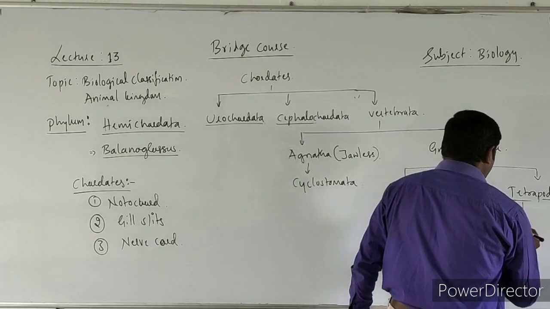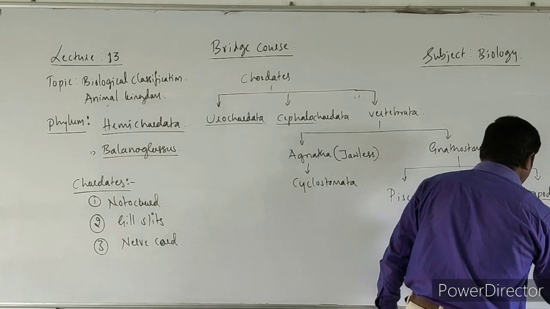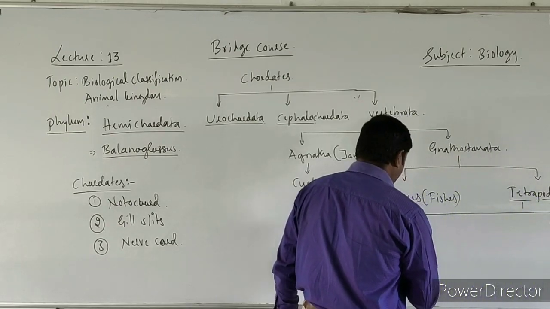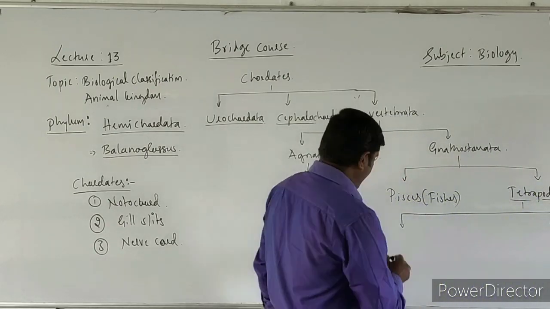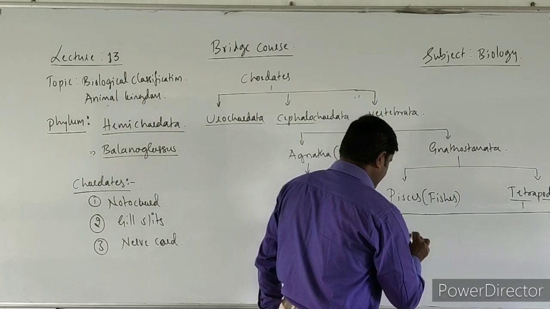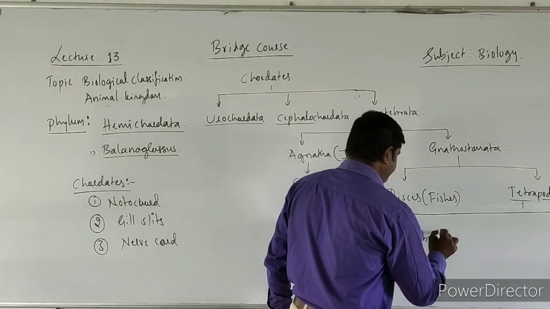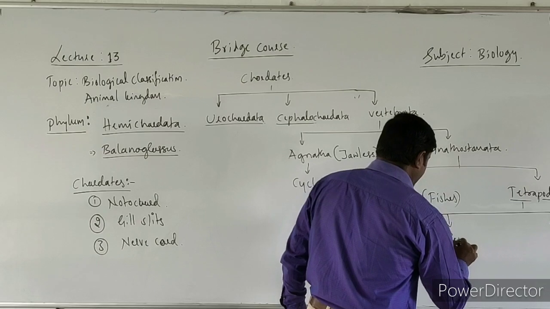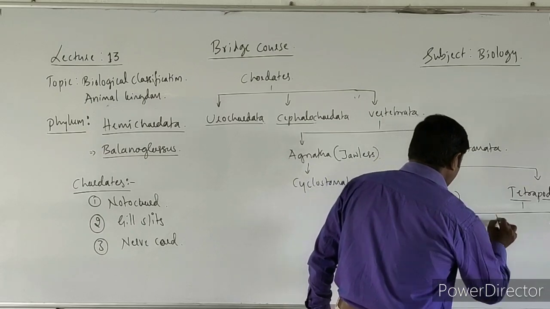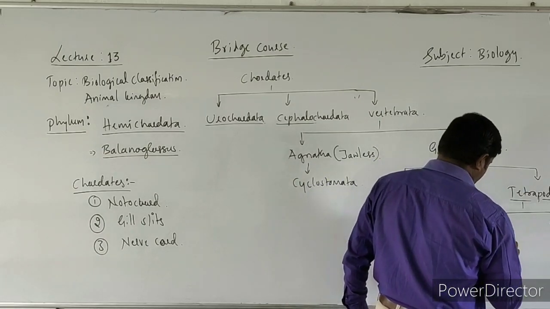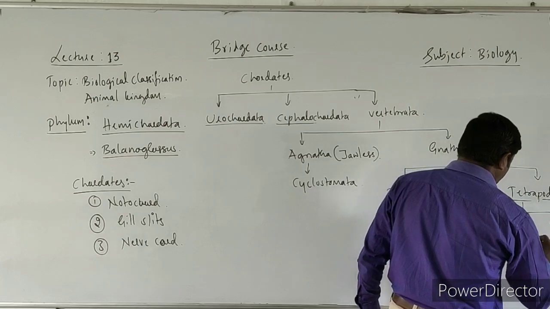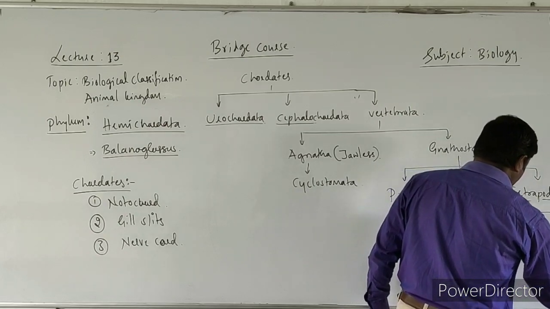So right, and once again this group of animals have been classified into different groups as amphibians, class Amphibia, and reptilia, and aves, as well as last one is mammals.